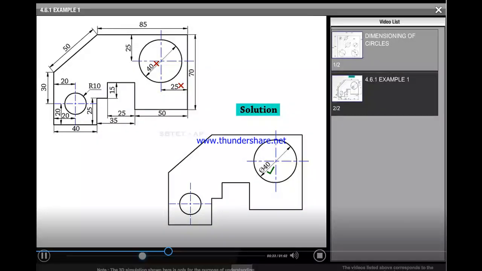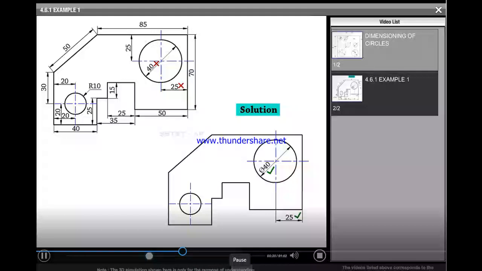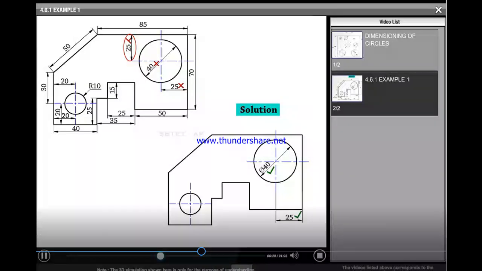The dimension representation goes from small and then big and then bigger, so there is no overlap and nothing inside of the dia. So it is given like this. That 25 also is not correct. So that's why you observe there.